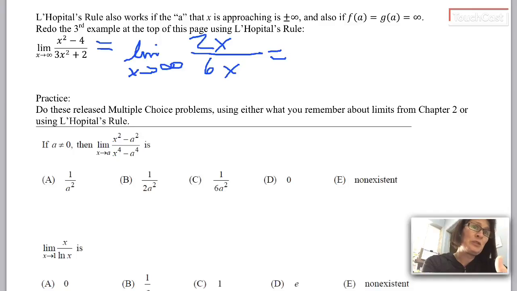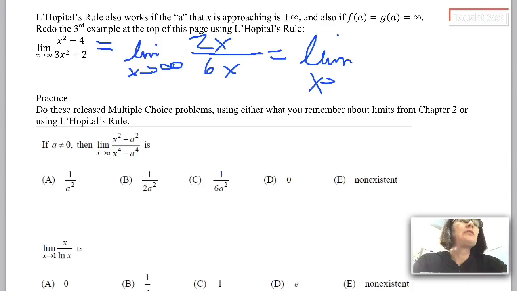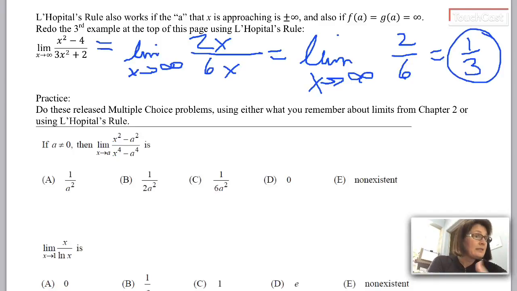I could have simplified that expression too to get 2 over 6, which is 1/3. But notice I can still apply L'Hopital's rule and take one more step. That's going to be the limit as x approaches infinity of 2 over 6, which is 1/3, no matter what x is approaching. Which is the same answer we got when we did that problem using algebra, looking for the term that dominates in the numerator and denominator.